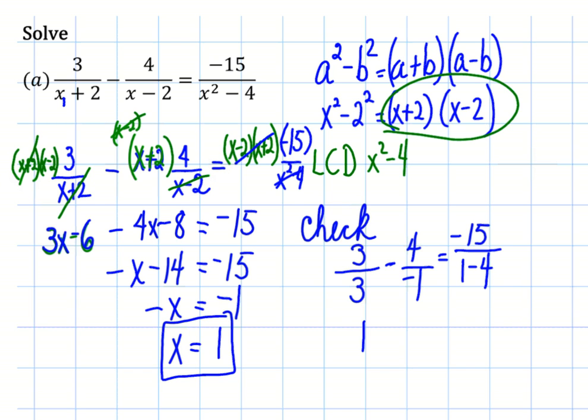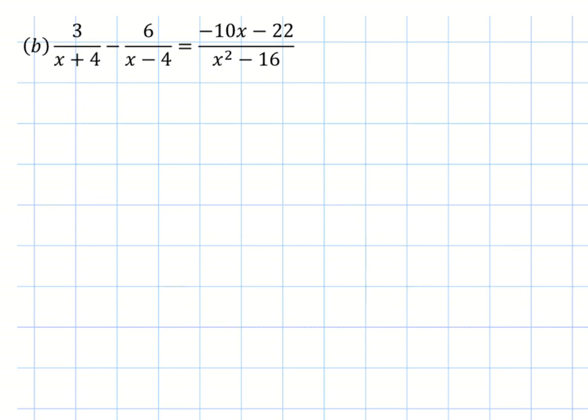So I have 1, negative, negative gives me positive 4, is equal to negative 15 over negative 3, which is also 5, so it checks out. Always check those types of problems.